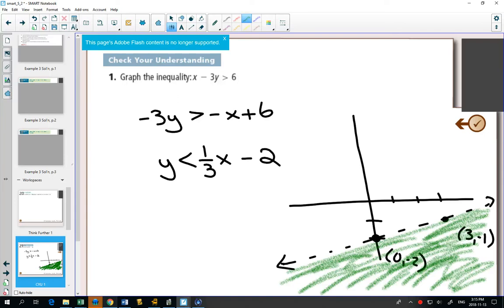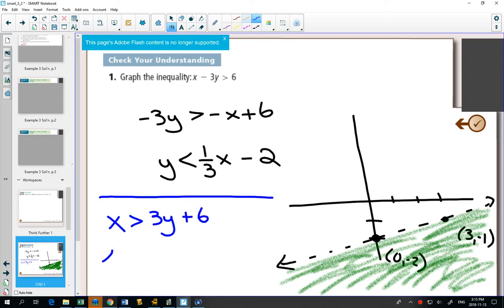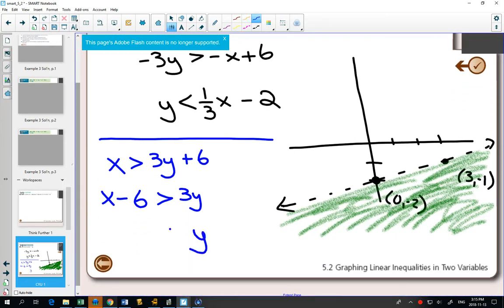Now someone who wanted to get the y positive, I'll do that in blue. So they first moved the 3y over, and then you would have to move the 6 over. And now when you divide by 3, you don't have to switch the sign. It'll still be 1/3 x minus 2.